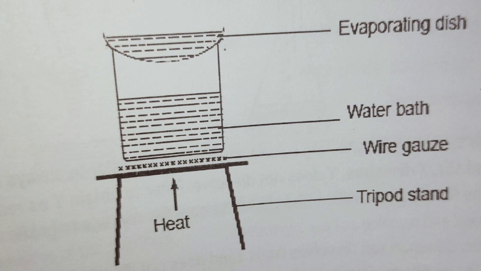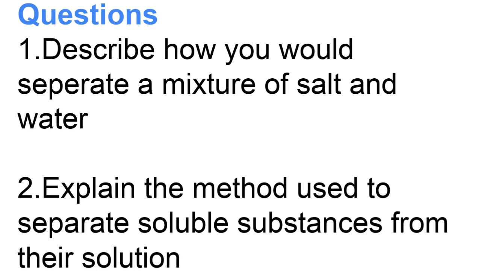So the tripod stand and the wire gauze hold the setup in position for the evaporation process to take place. Now, in summary, we have talked about the methods used to separate solid liquid mixtures, which include simple distillation, crystallization, and evaporation.